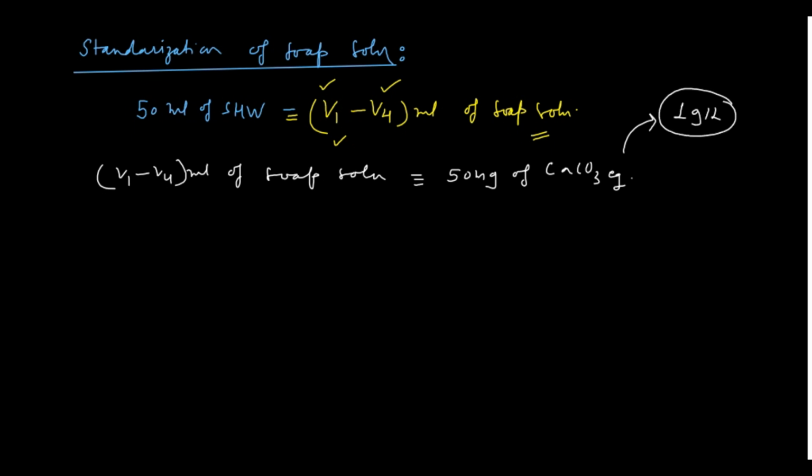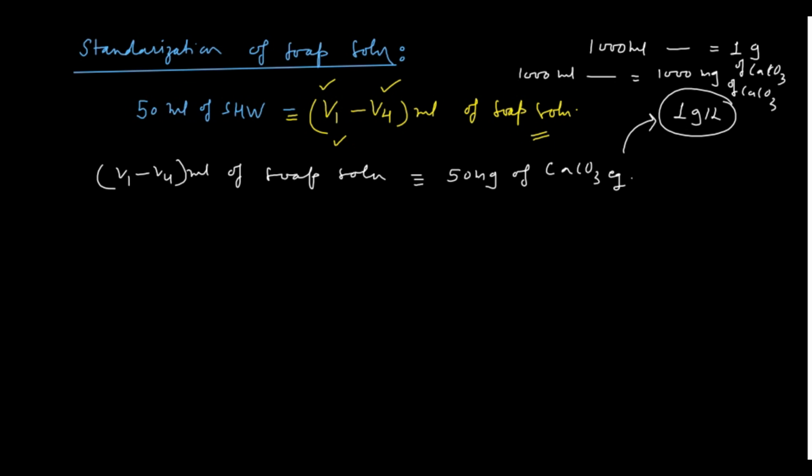It simply means 1000 ml has 1 gram of CaCO3, which is equivalent to 1000 milligram of CaCO3.